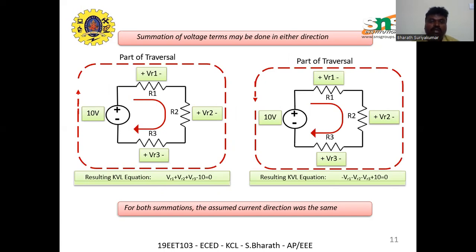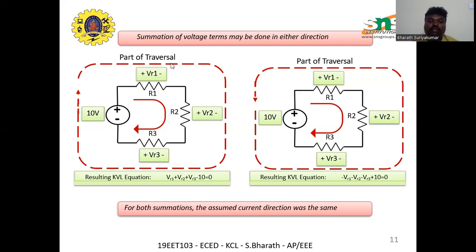That is, we take the voltage drops as positive, and the voltage of 10 volts, which goes from minus to plus, is taken as negative. The second one is that the equation can also be written as minus VR1 minus VR2 minus VR3 plus 10 is equal to 0. Here we have taken the opposite direction.